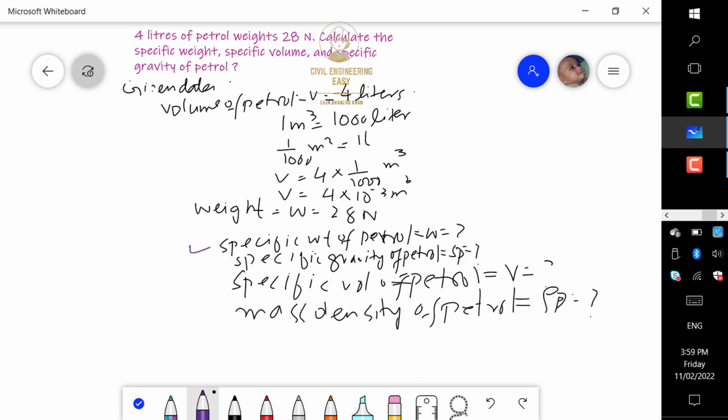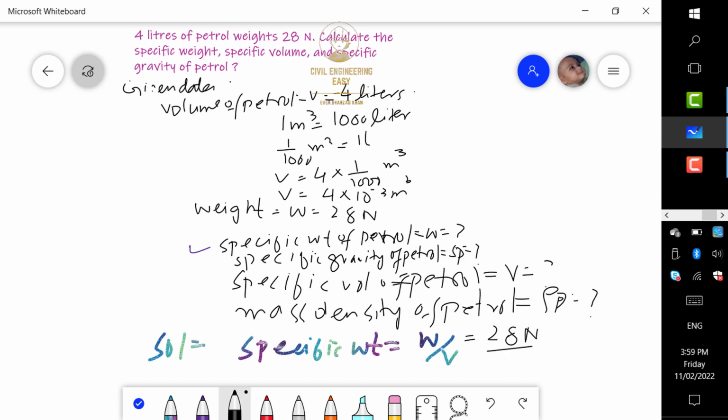In order to find out the specific weight of petrol, we have the relation that specific weight is equal to weight divided by volume. The weight of petrol is 28 Newton and the volume of petrol is 4 multiplied by 10 raised to power minus 3 cubic meter. We will get 7000 Newton per cubic meter as the specific weight of petrol.